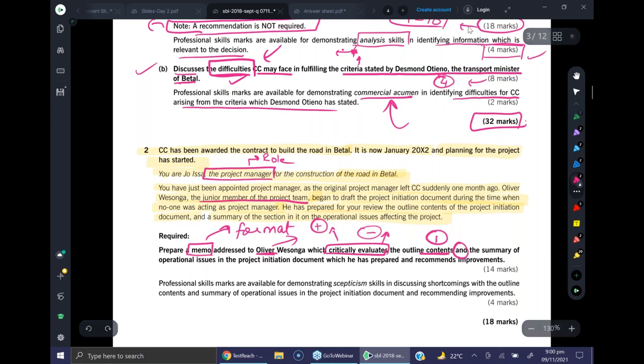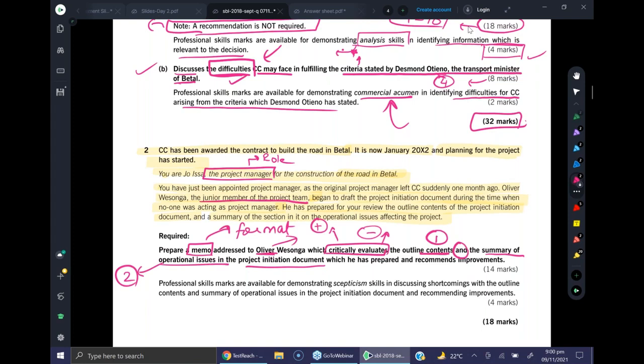So critically evaluate the outline contents and the summary of operational issues. So both the things in the project initiation document. So project initiation document has both the contents and operational issues. So if I just talk about contents and not talk about operational issues, I might lose good number of marks. So I can't do that. Okay.